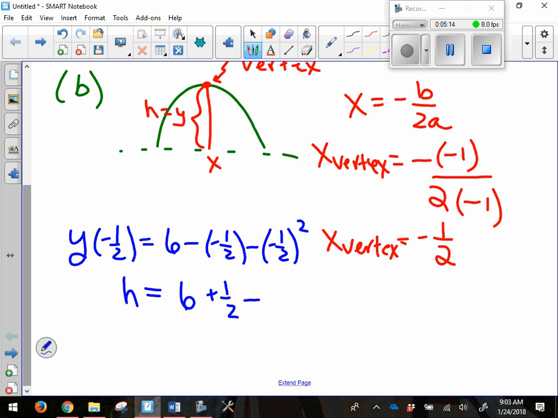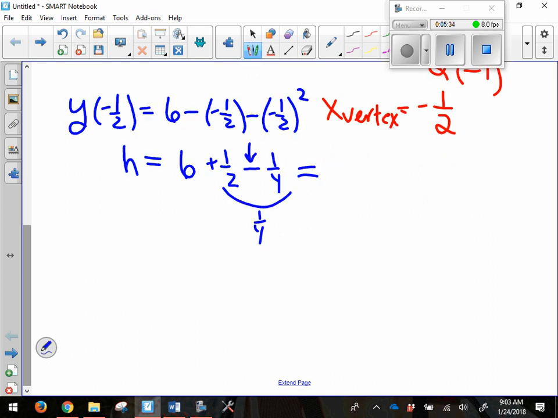Minus negative a half squared is 1/4. So what does this part give you? No, it gives you a quarter. A half minus a quarter is a quarter. I'm not adding it. There's a big fat negative sign there. Okay. But because I'm in a fraction kind of mood, it's 25/4.